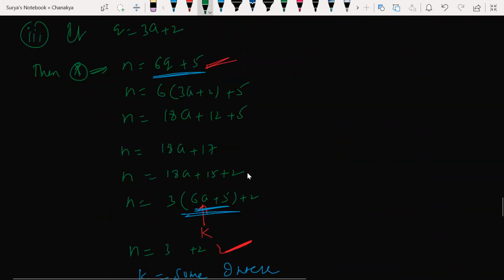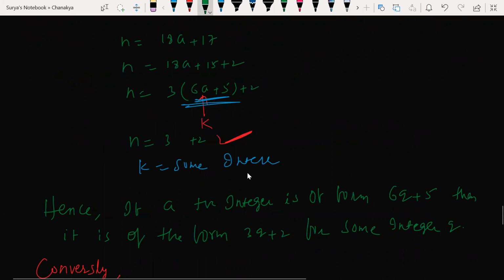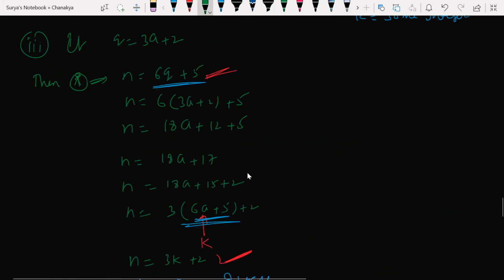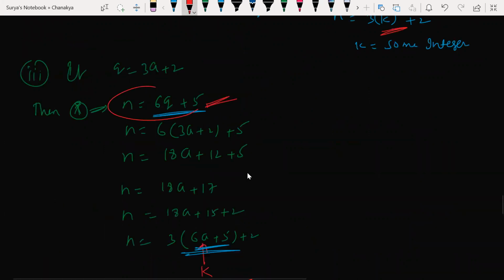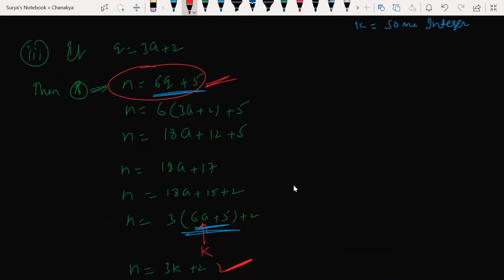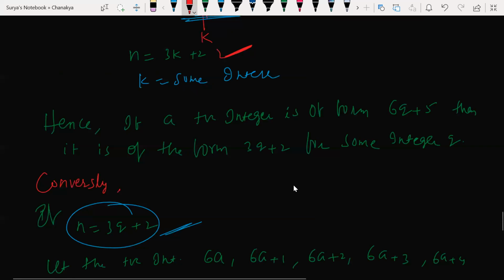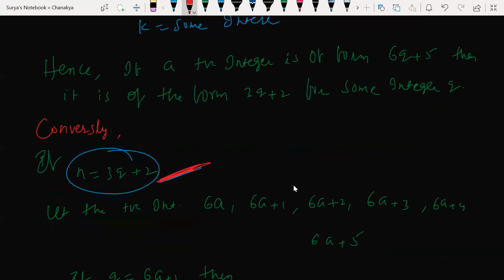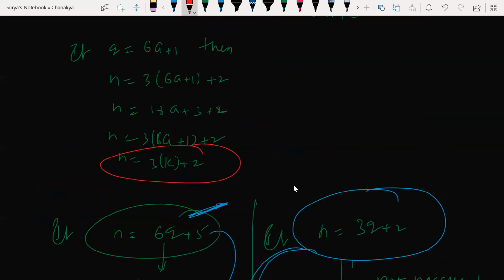Everywhere I was getting 3k plus 2. When you are getting 3k plus 2, in case your n value is this one, conversely it's nothing but reverse. If n value is this one, you are not getting 6q plus 5 form. That is the proof. Understood my point?